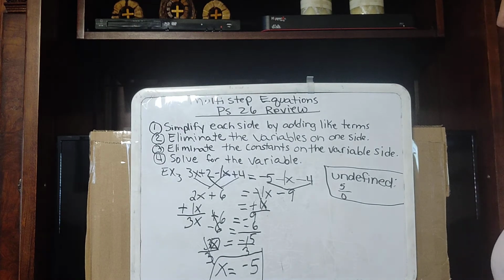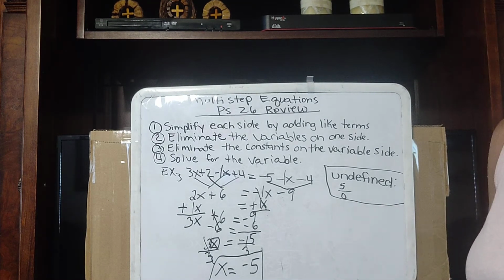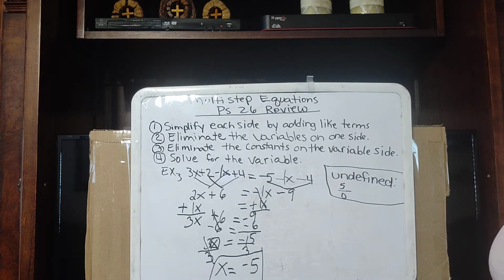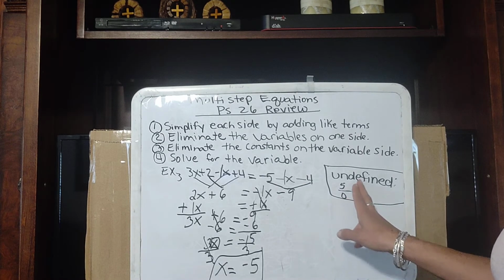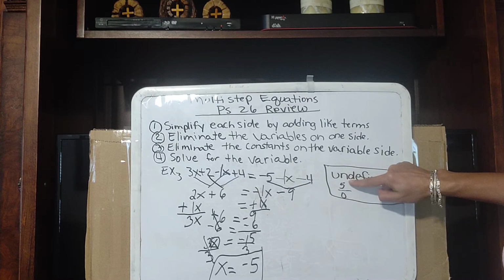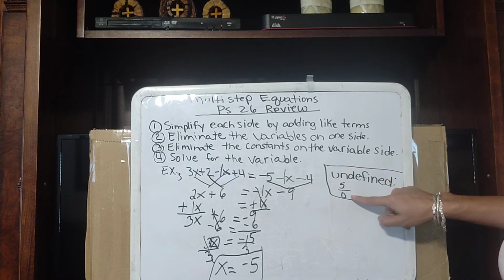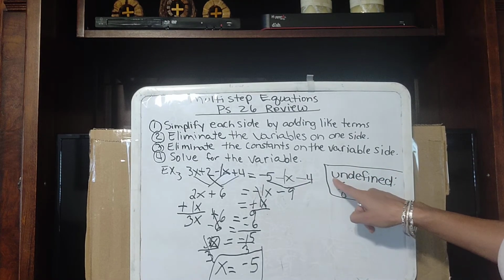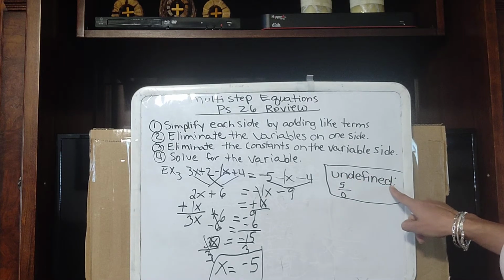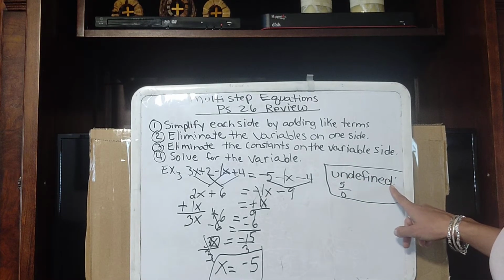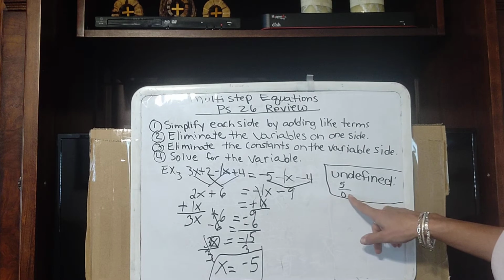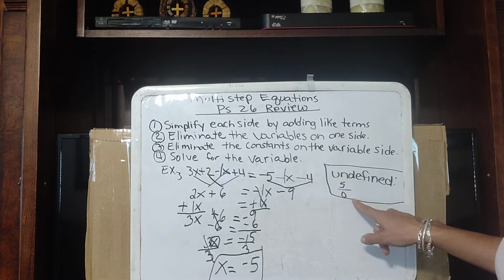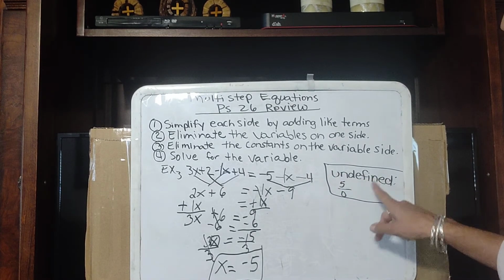One thing I would like to point out is be aware of undefined problems, meaning if you come up with a situation where the numerator has a value but the denominator is 0, remember the solution must be written as undefined. On the worksheet, you will see several problems in which the denominator is 0. And recall, you can solve it, but you have to make sure that it is undefined.